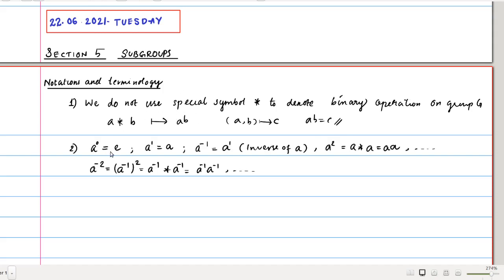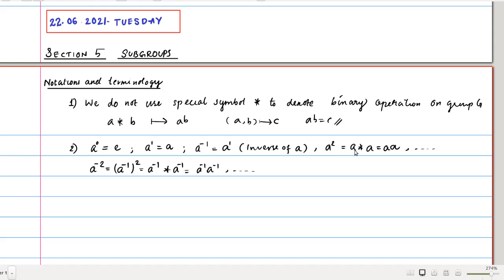The next convention is we write a raised to 0 in a group, which is equal to the identity element. So for any element x belonging to G, x raised to 0 denotes the identity element, and a raised to 1 is a itself. And a raised to minus 1 means the inverse of a, which we usually denoted by a prime; now onwards we use a inverse.